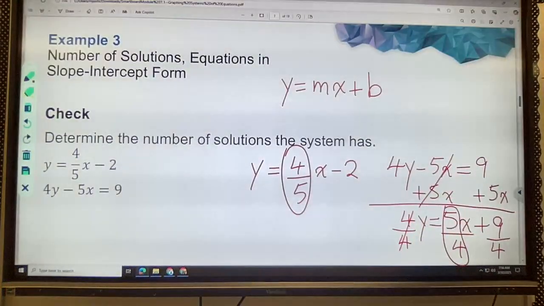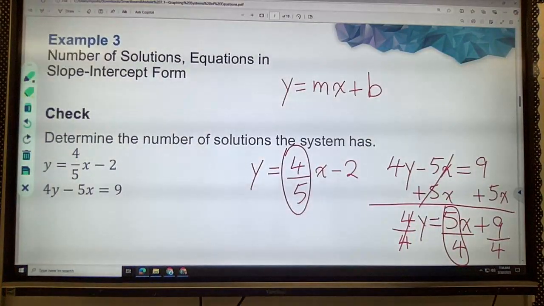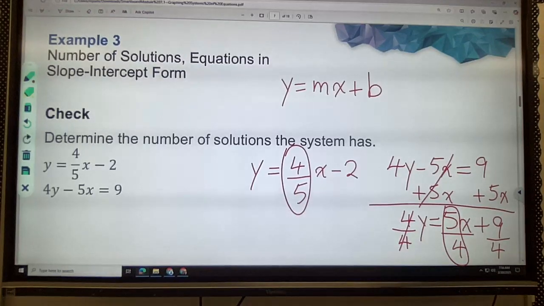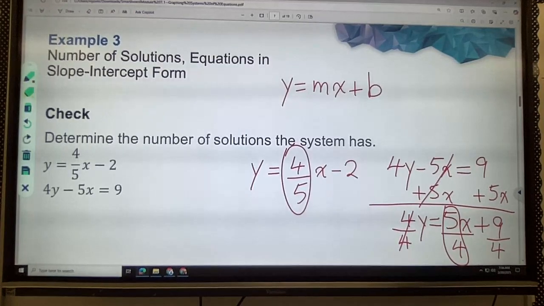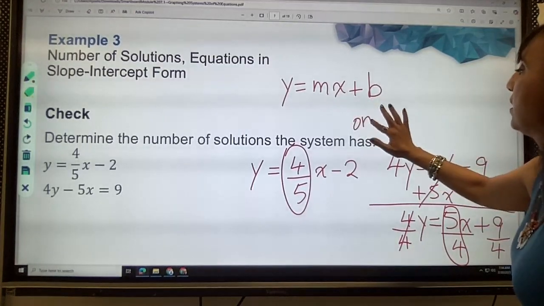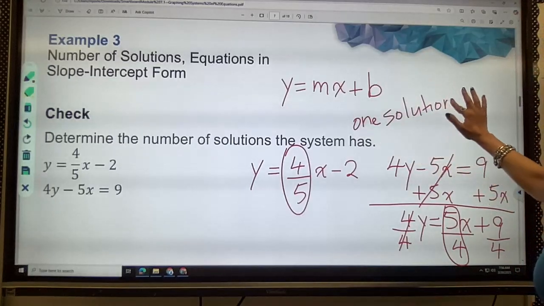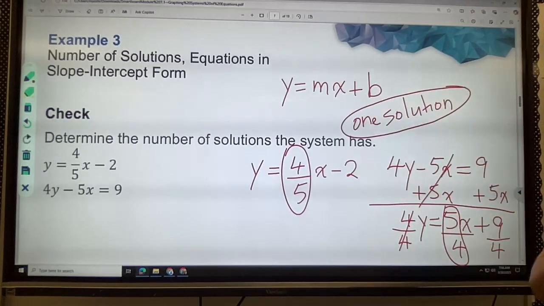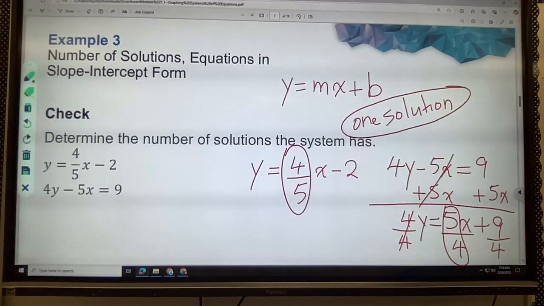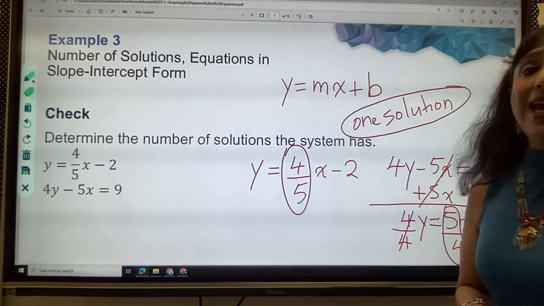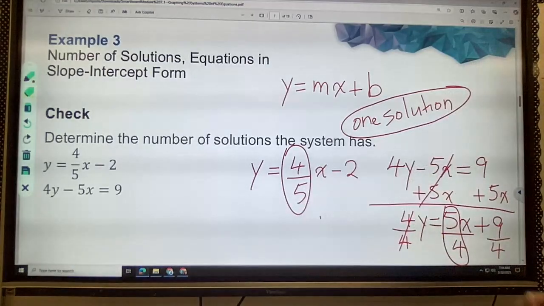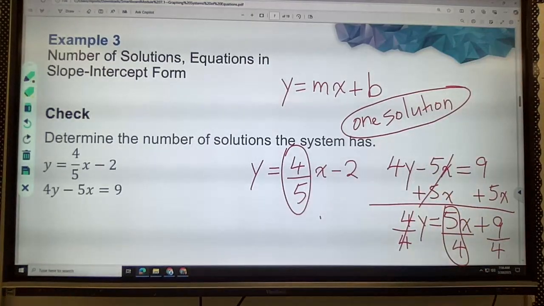So there is one solution. So this is going to be consistent and independent, because there is exactly one solution.